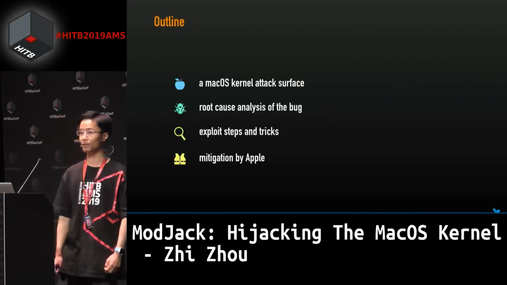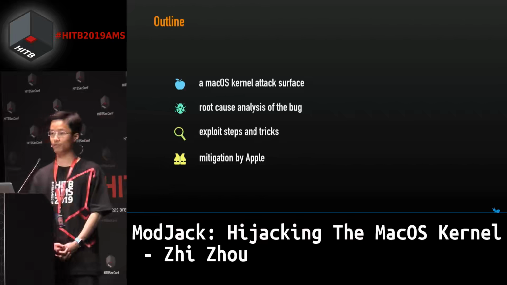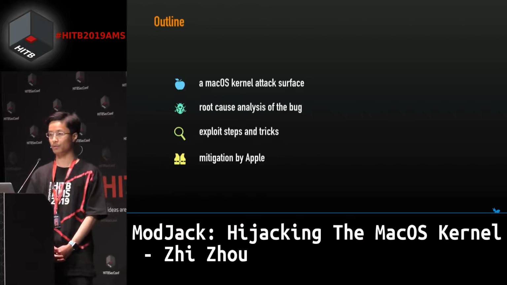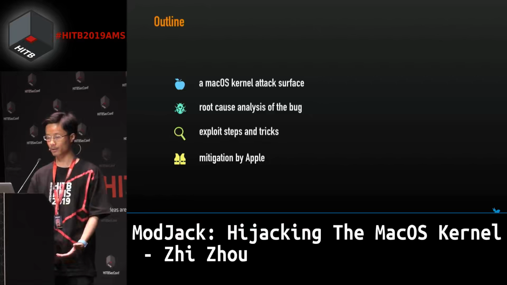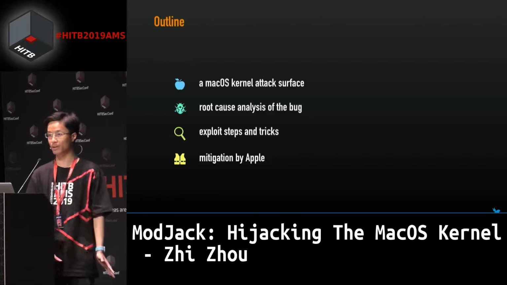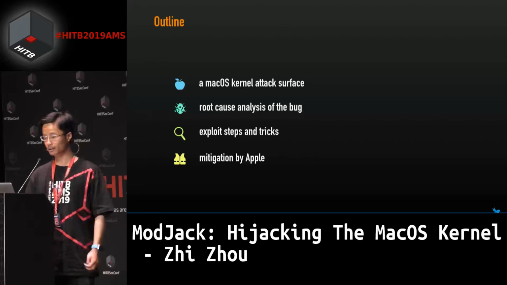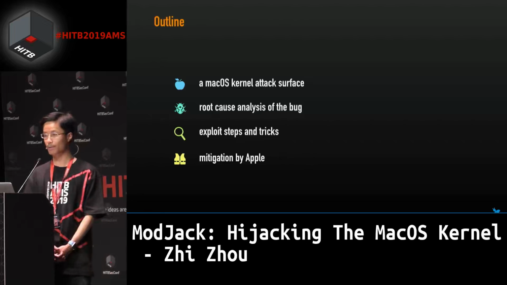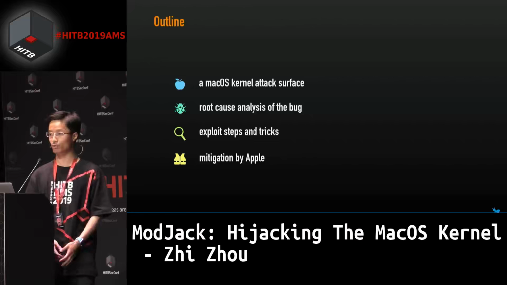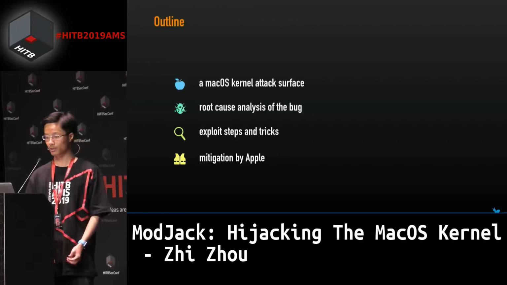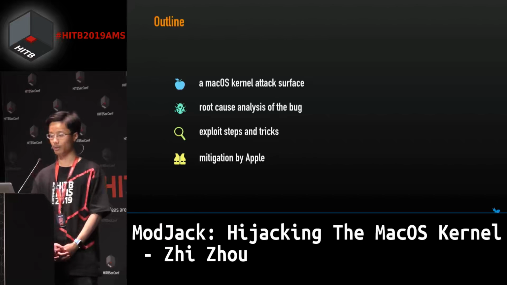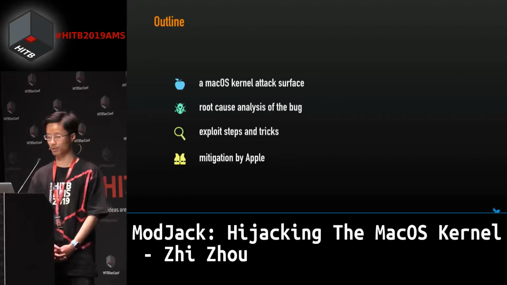Here's the outline of this topic. First of all, we will introduce a macOS kernel attack surface. It's an attack surface that does not involve XNU at all. Then we will analyze the bug we use to gain kernel privilege, the root cause analysis of the bug, and then the exploit steps and the tricks we use.